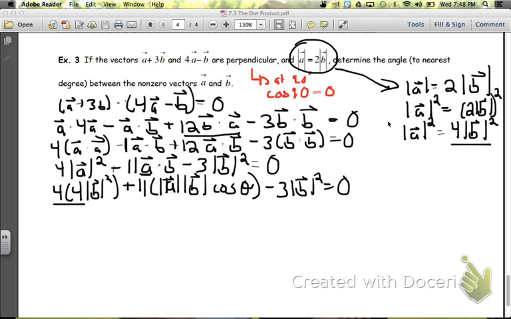I can multiply 4 times 4, so I get 16 times the magnitude of B squared. I'm going to bring that negative 3B squared over because I'm going to collect these in my next step. You can collect them in that step before. I just want to show every single step here. So plus 11.